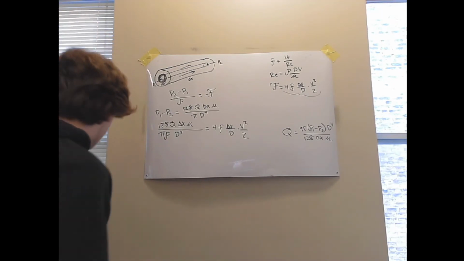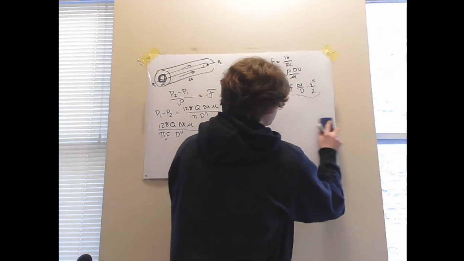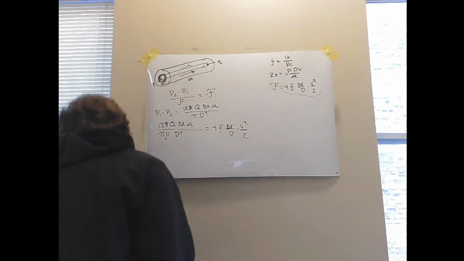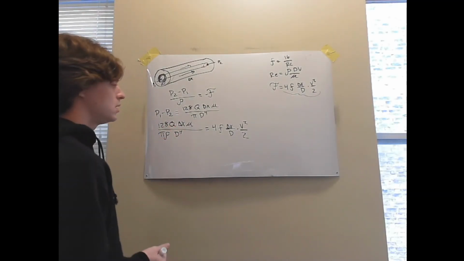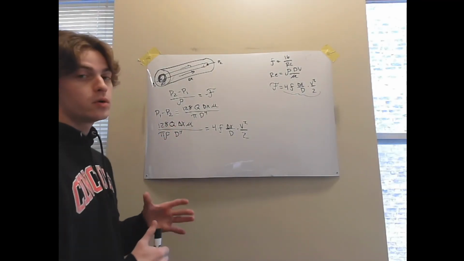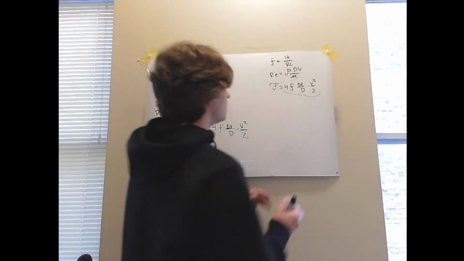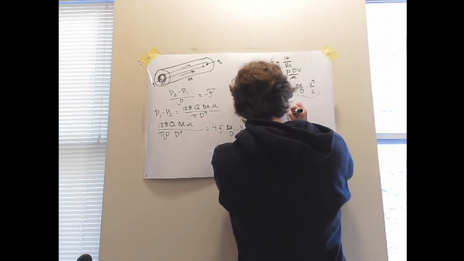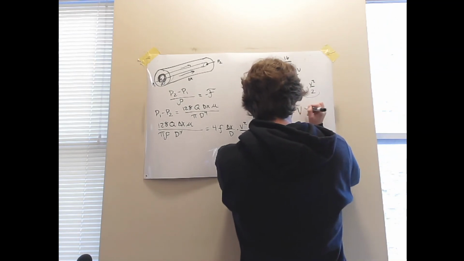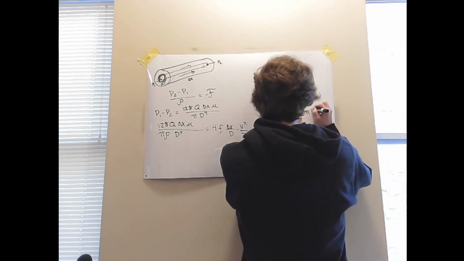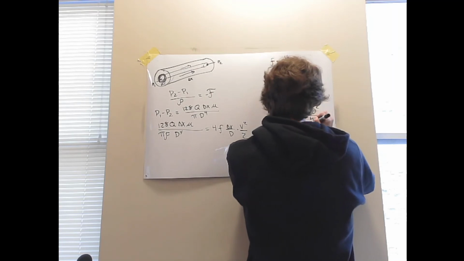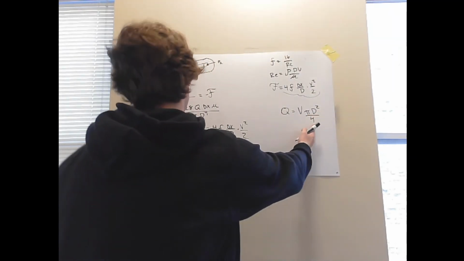So the first step I'm going to do is erase this over here. And then we need to rewrite Q, the volumetric flow, in terms of the velocity times the area. So Q is just going to be equal to the velocity times pi d squared over 4, which is just the area in terms of the diameter.